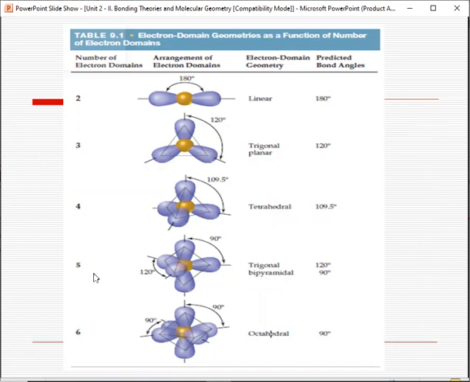For trigonal bipyramidal na ay 5 ka outer atoms, so naay equatorial and the axial. So ang axial from the equatorial is 90 degrees, but for the equatorial and another equatorial, siya 120 degree nga angle. But for octahedral, so naay 6 ka outer atoms, all angles is 90 degrees.